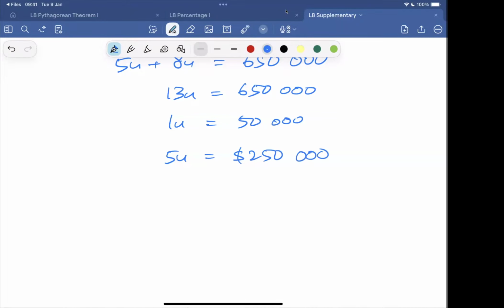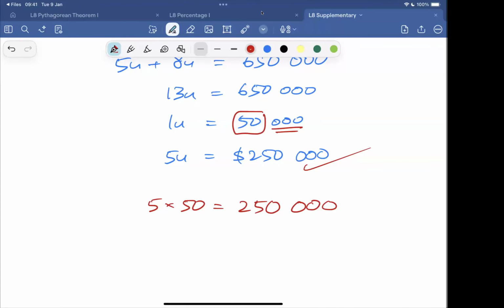You are correct because you just take 5 times 50 and get 250. Do you notice that you have 3 zeros? You just need to add the 3 zeros. Then you're done. Well done, Penelope.